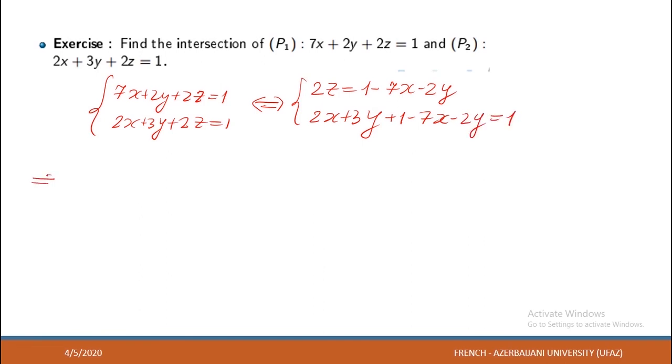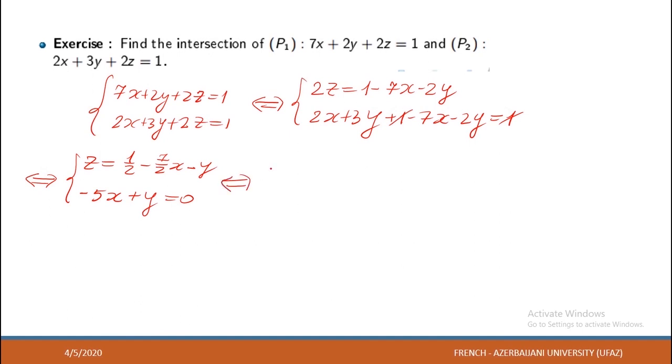From here, z will be 1 over 2 minus 7 over 2 x minus y. The second equation will be minus 5x plus y is 0. You see here we cancel 1 and 1.